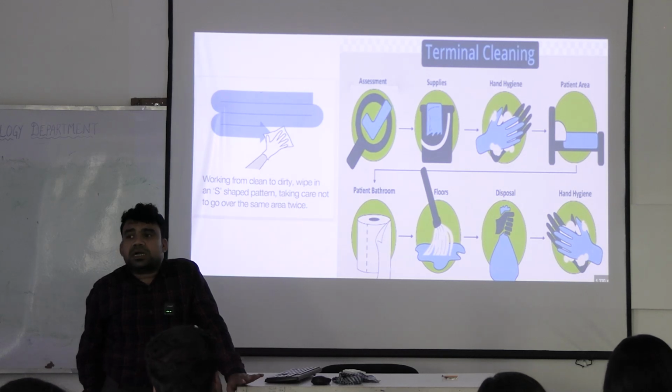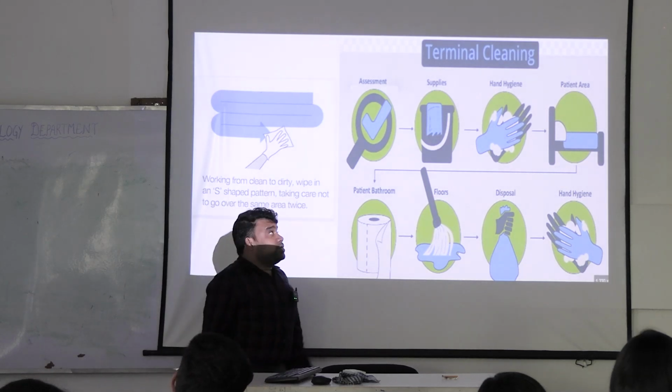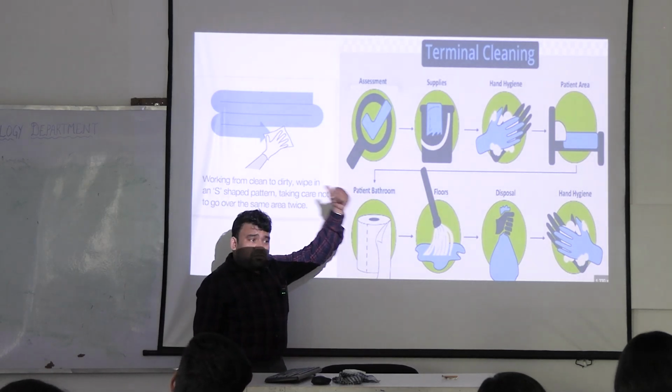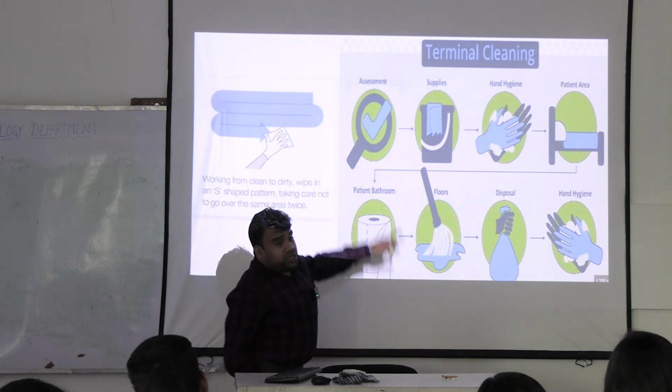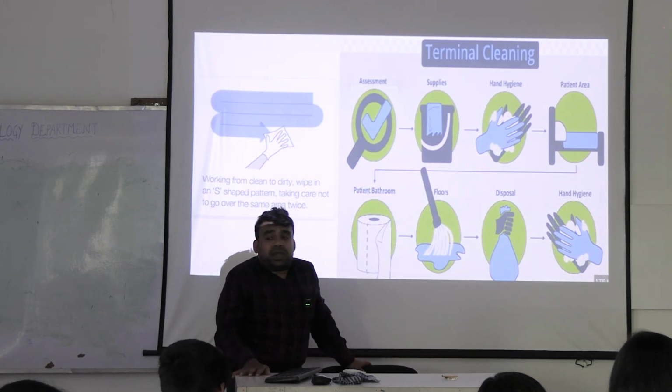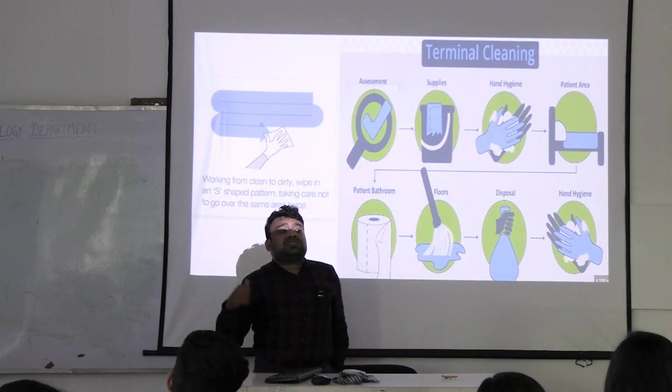This is called as terminal cleaning. Understood? So to do the terminal cleaning, first we need the assessment of what was the cause of the patient's death, etc. Then we need to know the supplies. Why we need to know the supplies? That will depend on what was the infective agent.